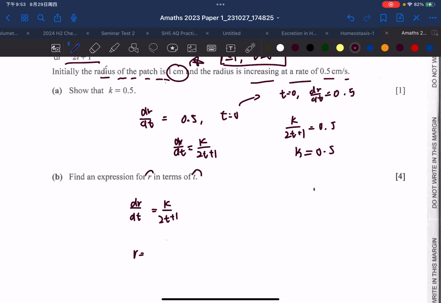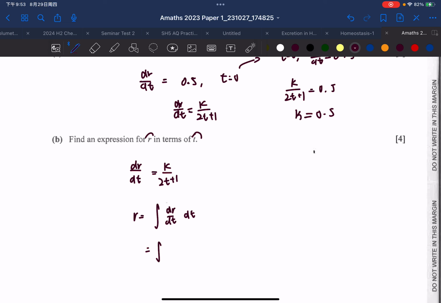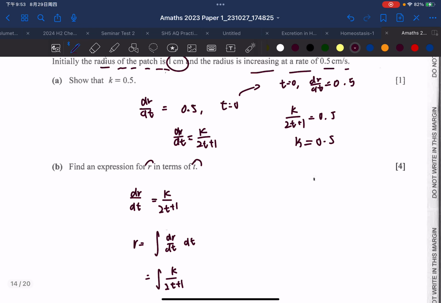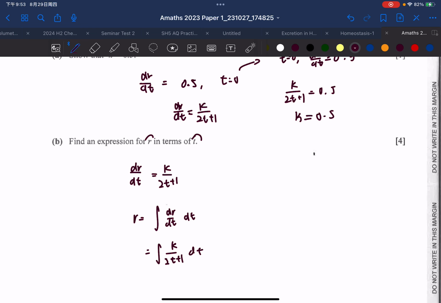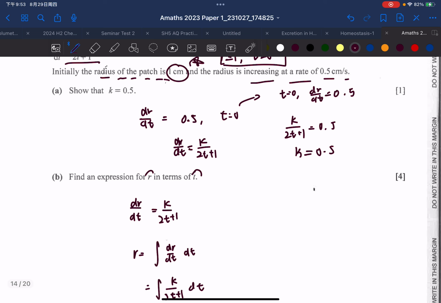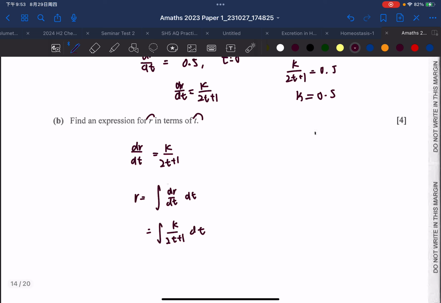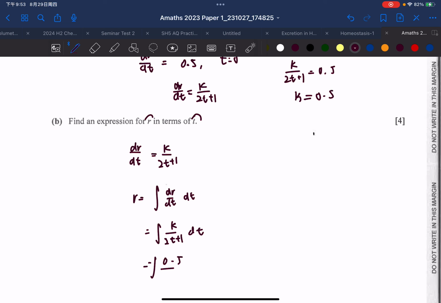So r will just be equal to the integral of dr/dt, which is k over 2t plus 1 dt. Okay, but for the k, you have already shown that k equals this, right? So of course, be smart, you sub it in.